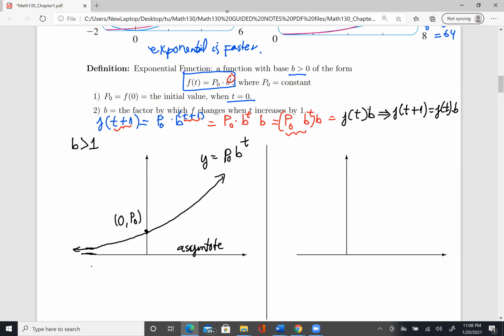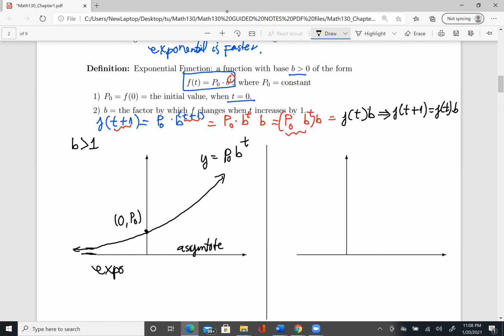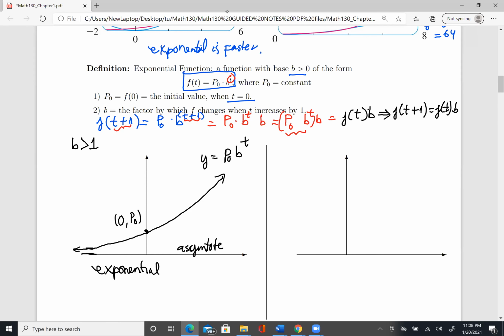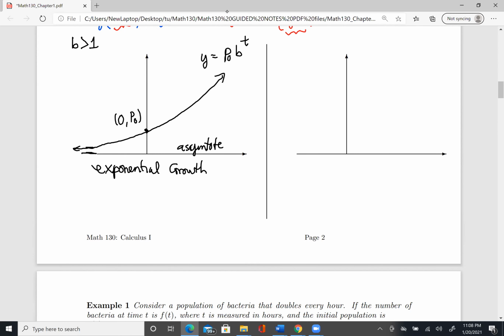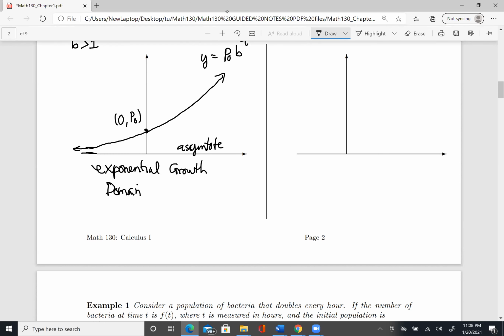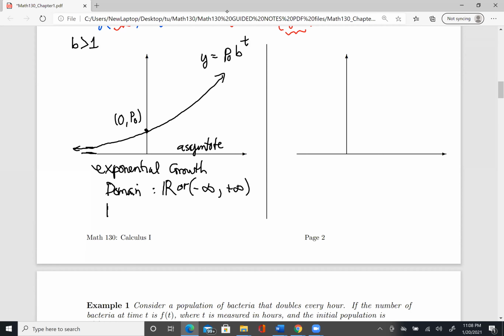In this case, it's called exponential growth, because it's growing out. The domain here is all real numbers, in the interval from negative infinity to positive infinity. And the range, what is that going to be?